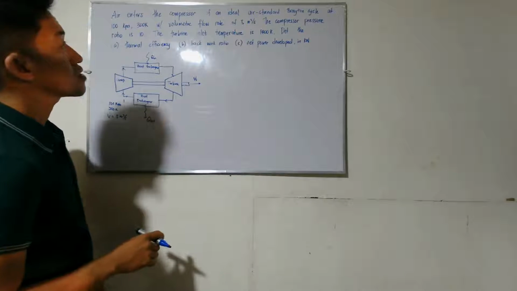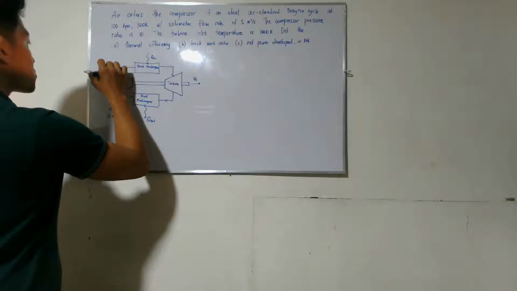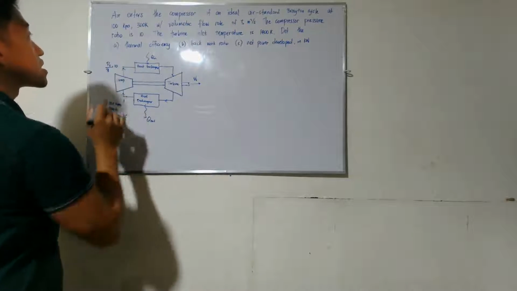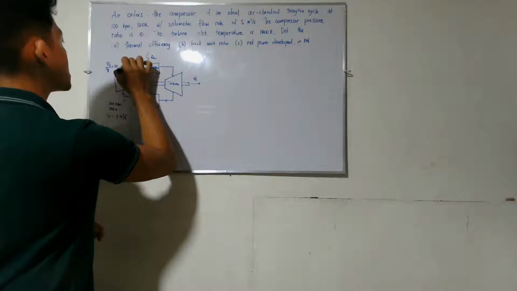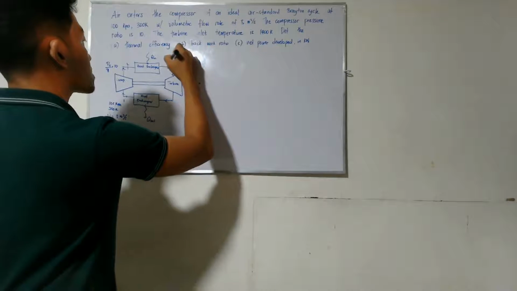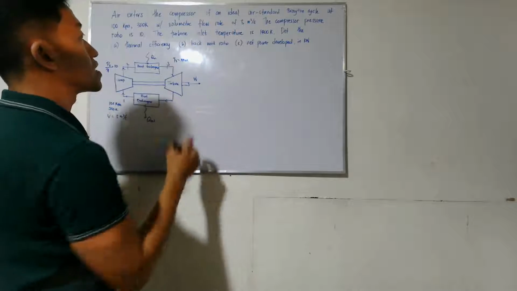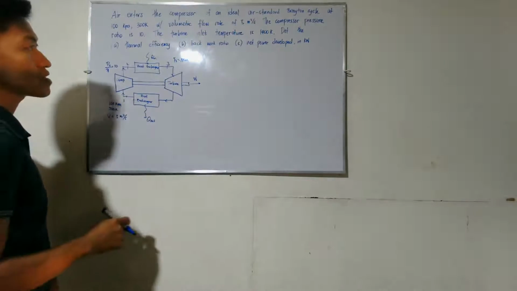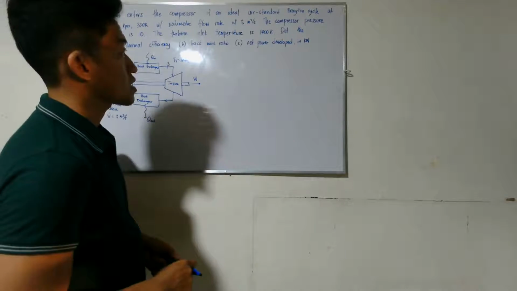The compressor pressure ratio is 10. So you have P2 over P1 equals 10. The turbine inlet temperature is 1400 Kelvin. Determine the thermal efficiency, backwork ratio, and net power developed in kilowatts.